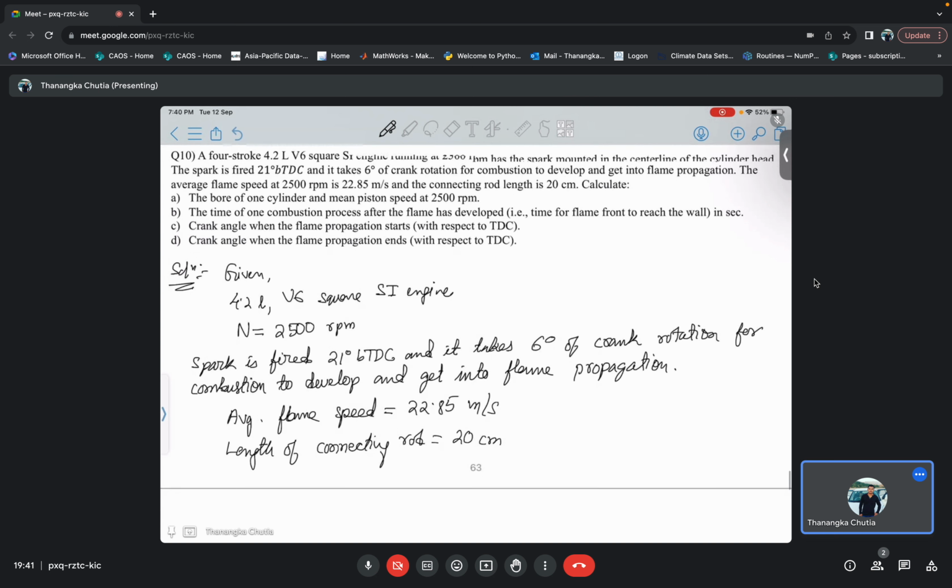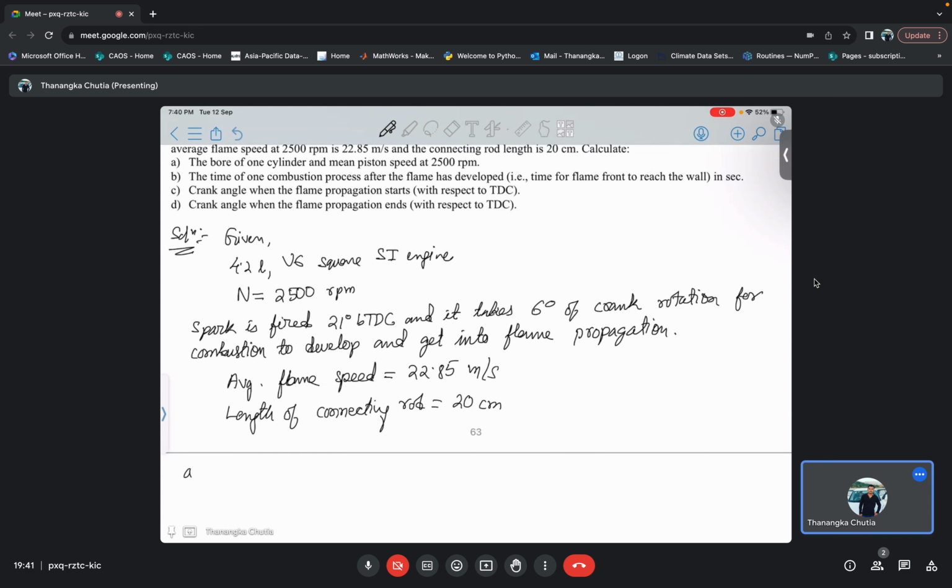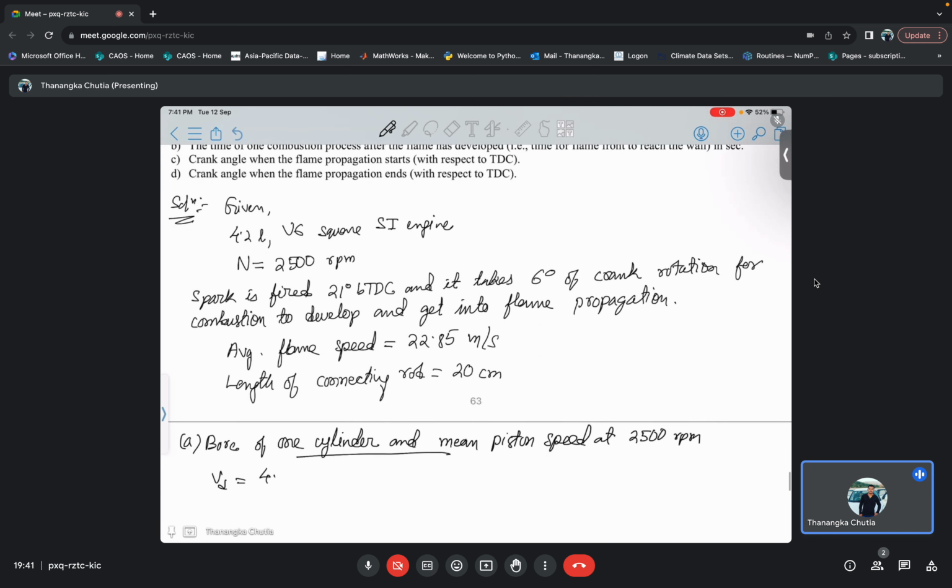Okay, so you have to calculate bore of one cylinder and mean piston speed at 2500 rpm. Okay, so VD is equal to 4.2 by 6 liter, that is 0.7 into 10 to the power minus 3 meter cube.